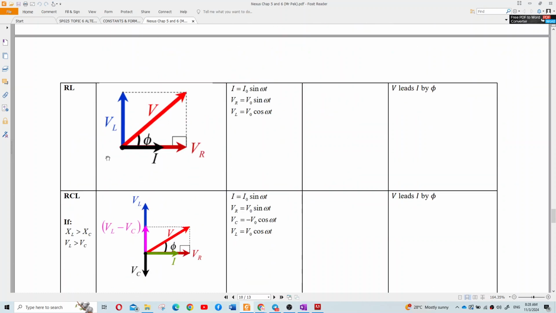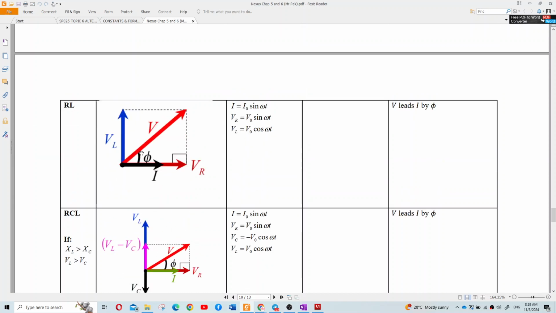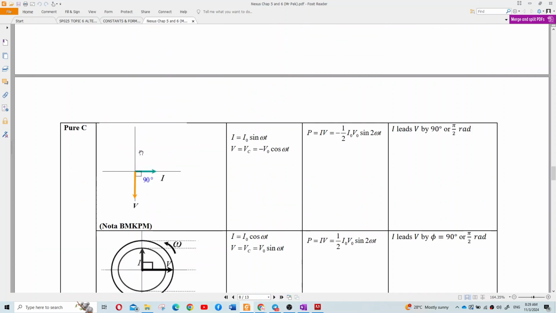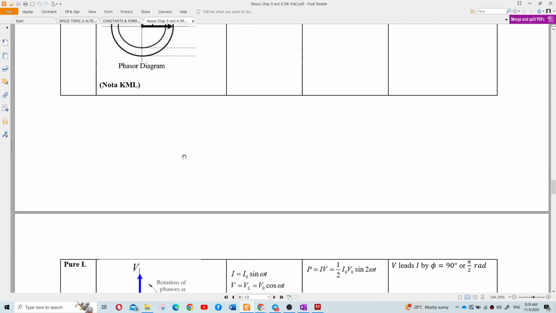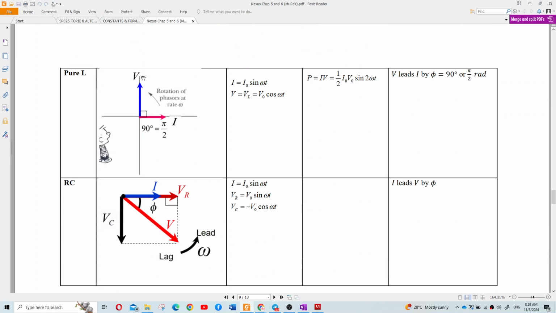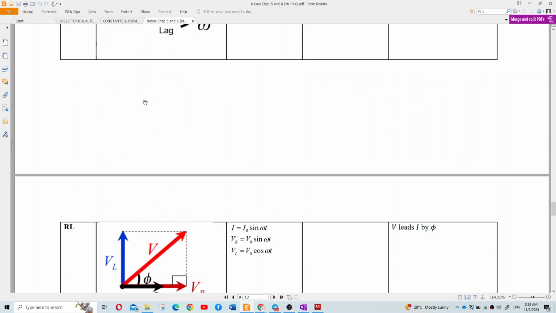Now, RL means we just combine the phasor diagrams for resistor and inductor. Remember, how is the resistor? Resistor voltage is in phase. Inductor voltage is above. You see that the VL is above. So combine these two.